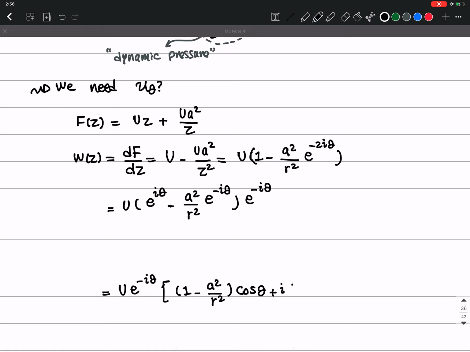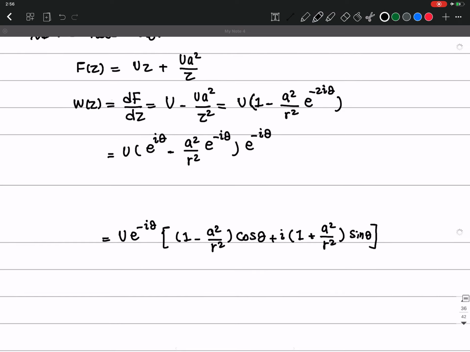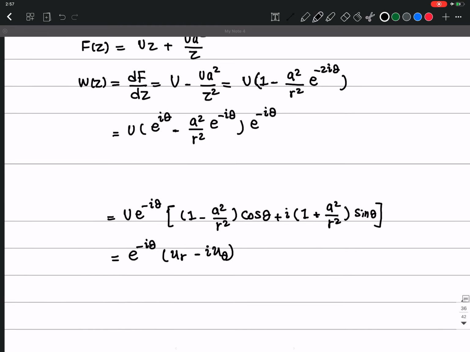For the imaginary part, the first gives sine theta, so I can factor out sine theta, and the second is minus sine theta, so it's plus a squared over r squared sine theta. We know that w(z) equals e to the minus i theta times (Ur minus i U theta). Okay, so simply we can find U theta here.